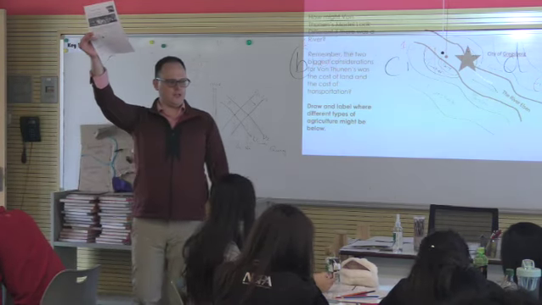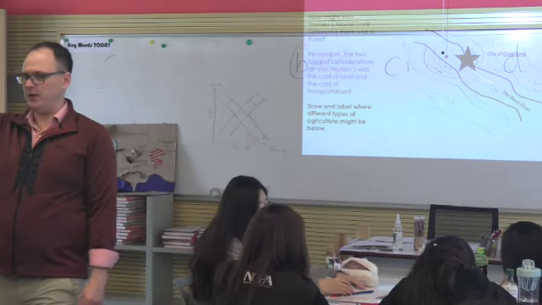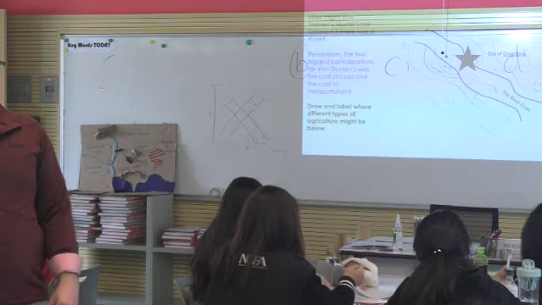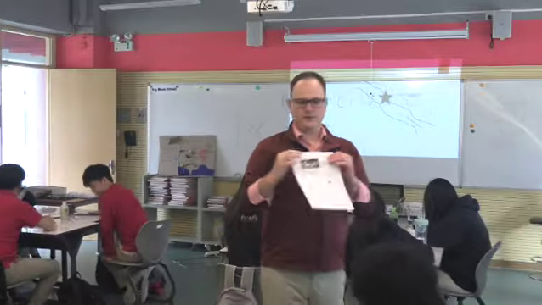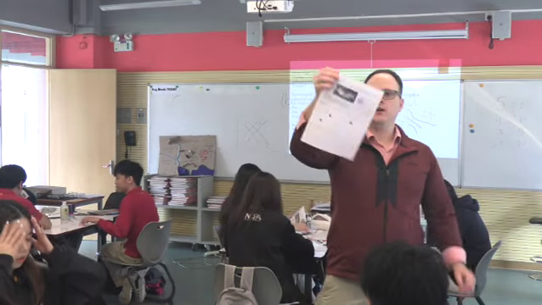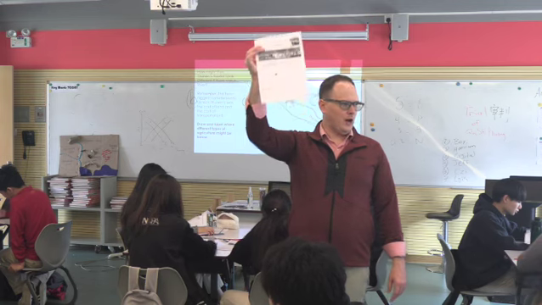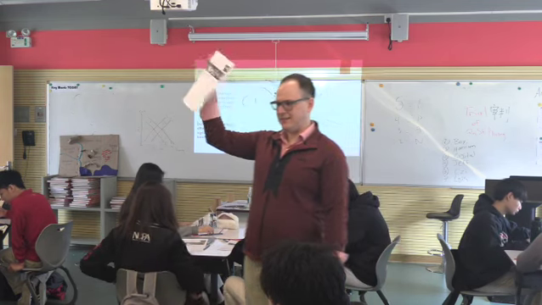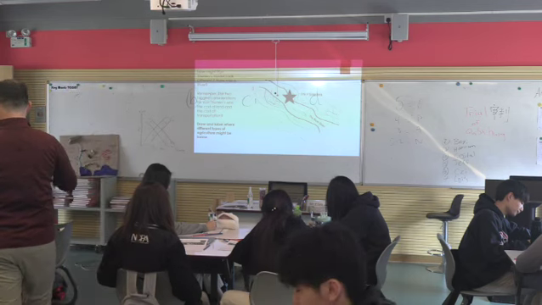I want you to take a look at this other sheet, and you're going to do this on your own. I'm not walking you through this one. There are two different changes to our world today. The first one is multiple markets, and the one on the back is transportation. So on this sheet, you're going to do the exact same thing that we just did with the river.